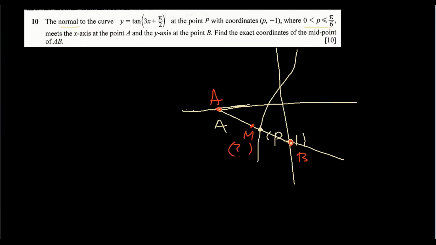So let's go backwards. To find the coordinates of M, we should know the coordinates of A and B. To know those, we should know the equation of the normal.